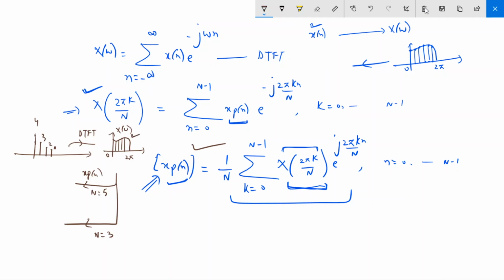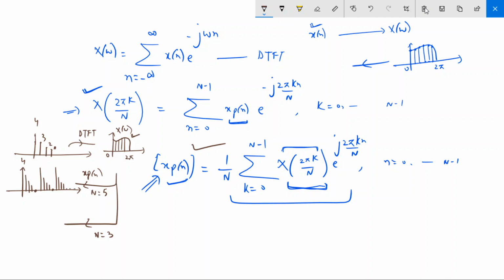Now when you take 5 samples in the frequency domain, what do you get in the time domain? You get 4, 3, 2, 1. The sequence will repeat after 5 samples. It means you get 1, 0 here, then again 4, 3, 2, 1, 0, then 4, 3, 2, 1, 0, and so on.